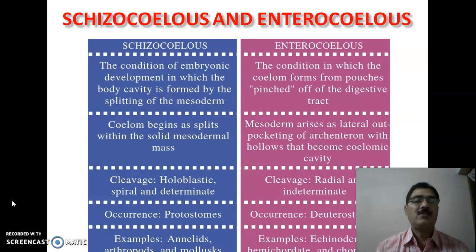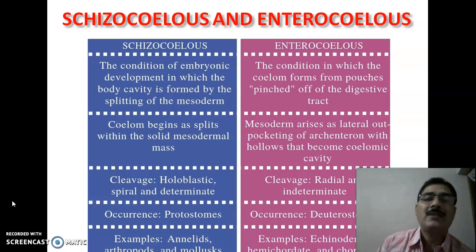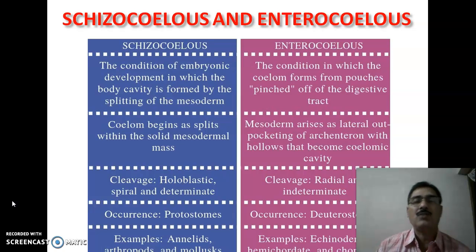In the case of Schizocoelous, the coelom begins as a split within the solid mesodermal mass, while in the case of Enterocoelous, the mesoderm arises as lateral outpockets of the archenteron with hollows that become the coelomic cavity.